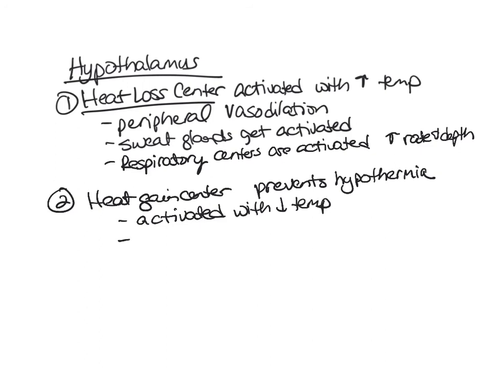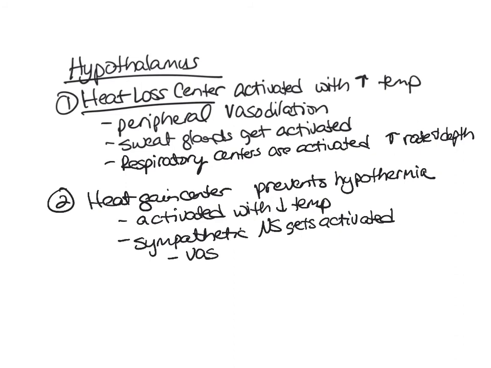In this case, the sympathetic nervous system gets activated. The sympathetic nervous system will cause vasoconstriction to your skin, so you won't lose that heat through the sweat glands. Instead, blood gets diverted to your deep veins.